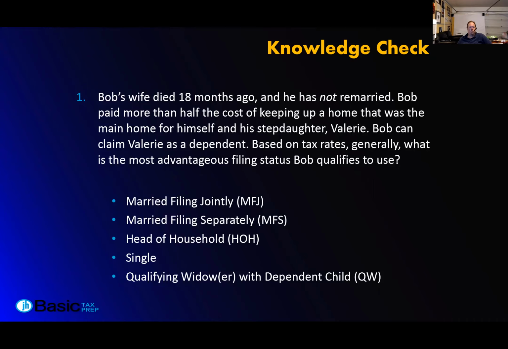Bob's wife died 18 months ago. Widower, yeah. So we can eliminate the first two immediately. We don't want the married. Head of household, maybe, but why would you do that? It's a widower. He's not single. It's his stepdaughter. The best one that he could possibly get is qualifying widower with a dependent child.